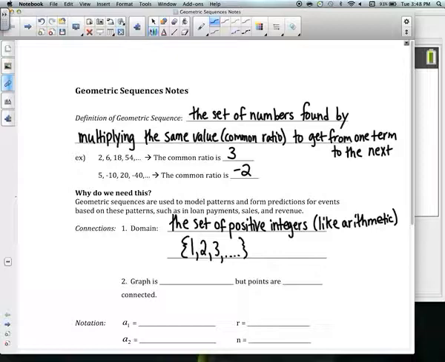Instead of linear like arithmetic, this graph is exponential. But remember, points are not connected.